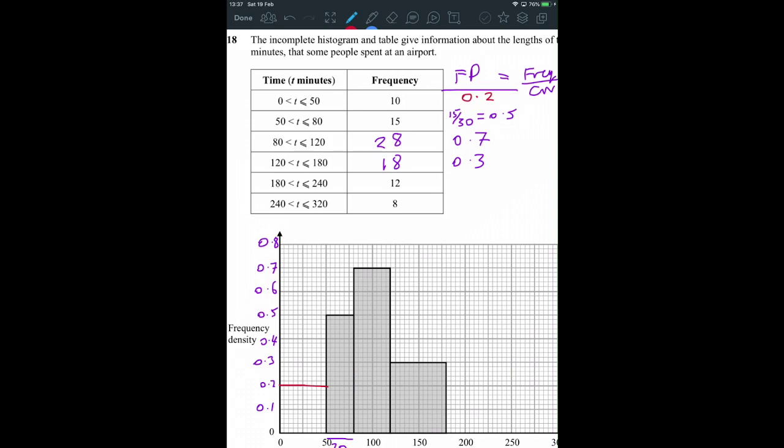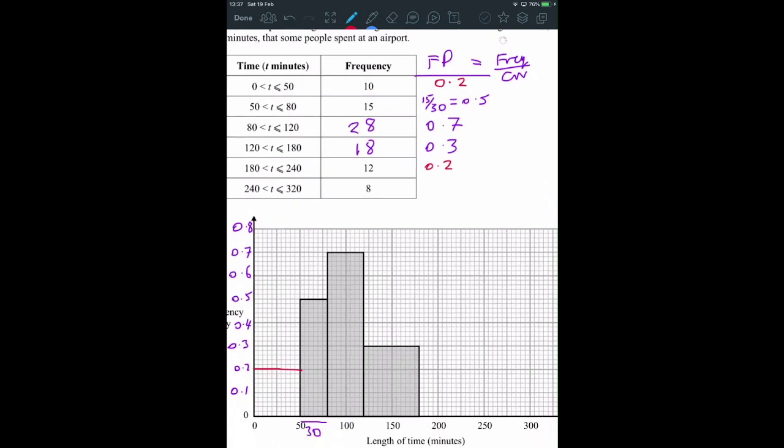180 to 240, frequency of 12, a class width of 60, is again 0.2. So 180 to 240, and be careful with your scale along the bottom and your height, gives you that bar at 0.2 again.